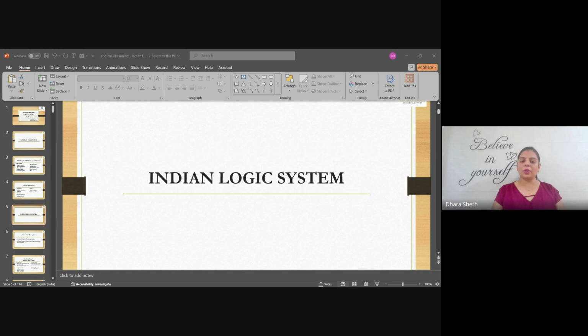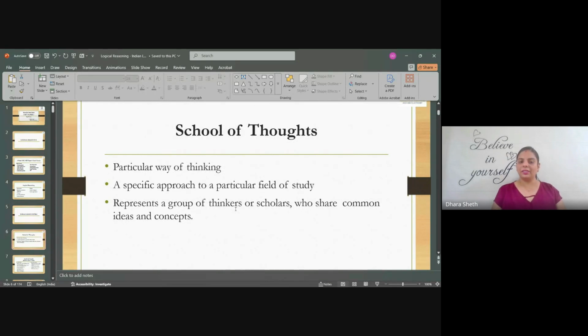What is a school of thought? A school of thought is a particular way of thinking. It is a specific approach to a particular field of study, and it represents a group of thinkers or scholars who share common ideas and concepts. So in olden times, a group of people had a particular way of thinking and a specific approach in which they studied, whether it was religion, culture, reasoning, planets, mathematics, or even astrology.